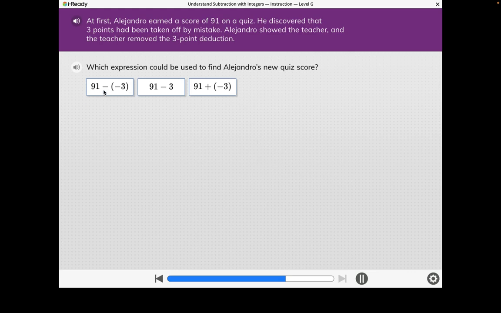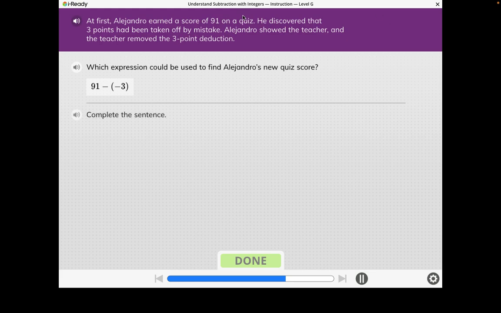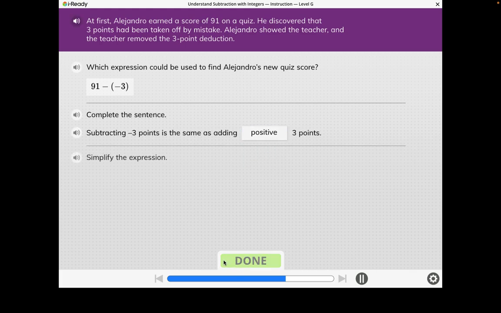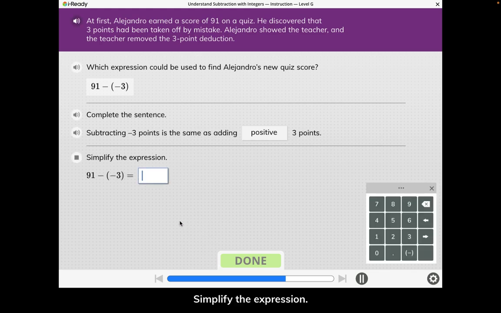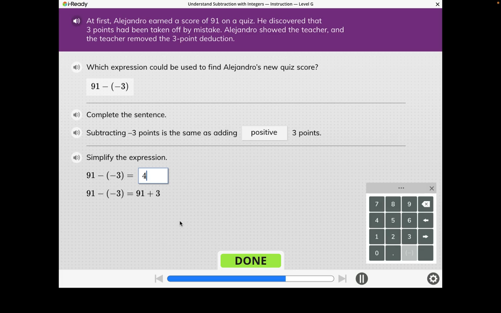So 91 minus -3, because you remove the 3-point deduction. Subtracting -3 points is the same as adding positive 3 points. Okay, so simplify it. It's 4. Oh, wait, no, that's not 4, it's 94, my bad. It's 94.